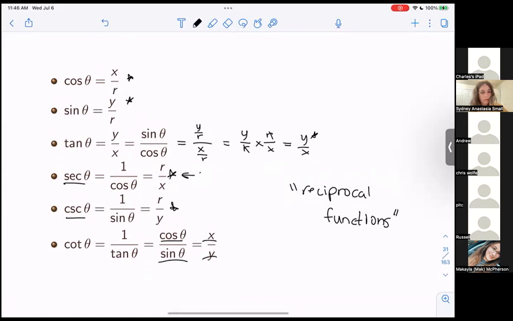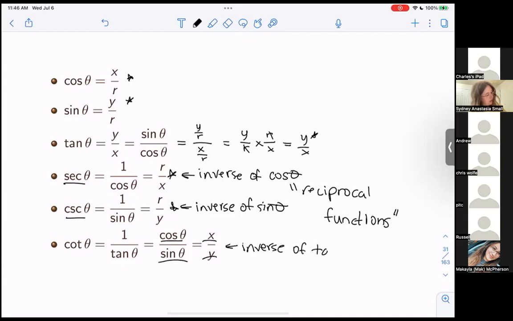I'll just make a note that this is the inverse of cosine. This is the inverse of sine. And this is the inverse of tangent. And we will refer to these as the inverse functions or the reciprocal functions, depending on the context.